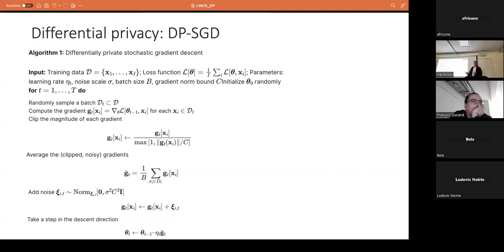Stochastic gradient descent is already stochastic, and you just add a little bit more stochasticity here. From your parameters, it's hard to infer any particular private information about your training data. This is one way to employ differential privacy, from the paper of 2016 on how to employ differential privacy in learning.